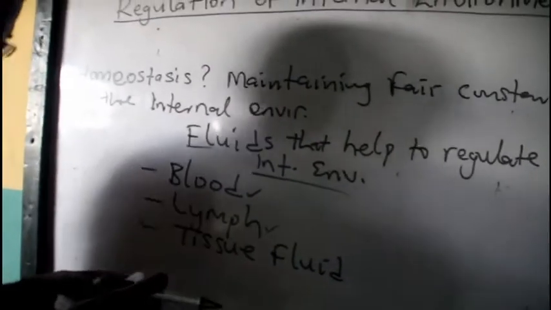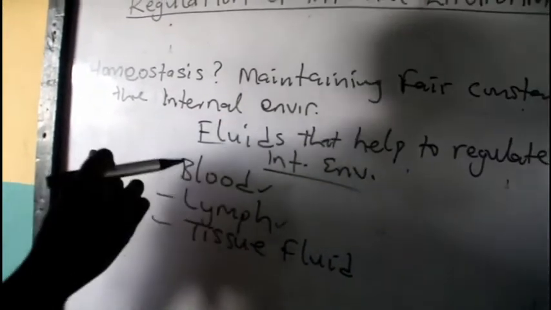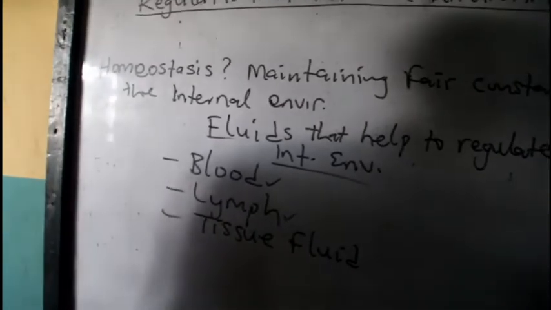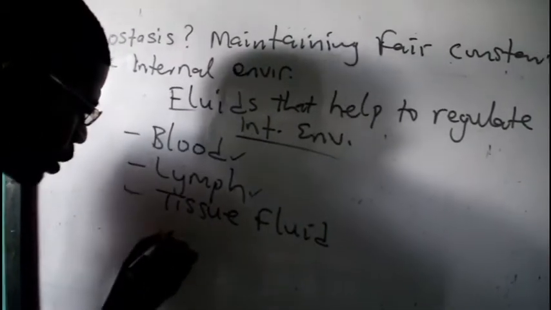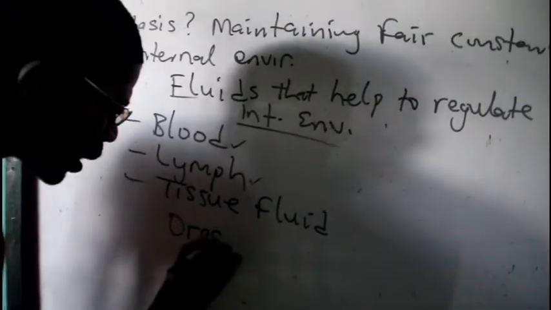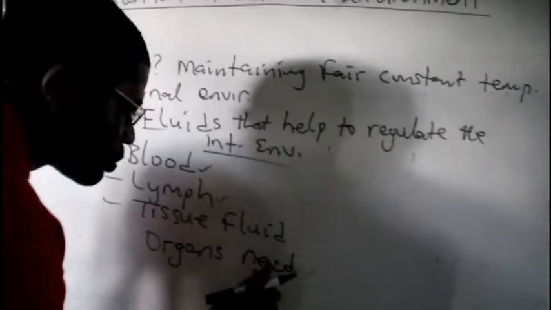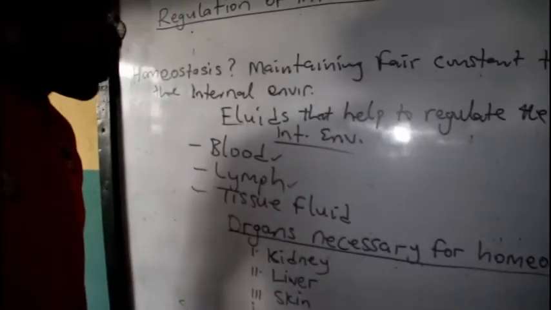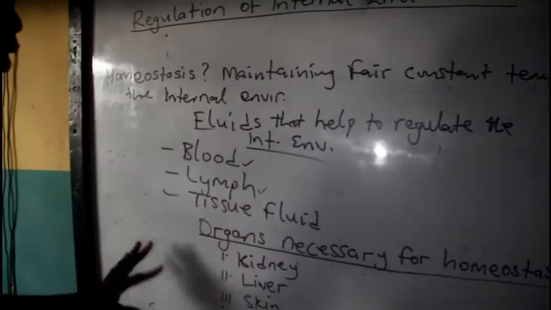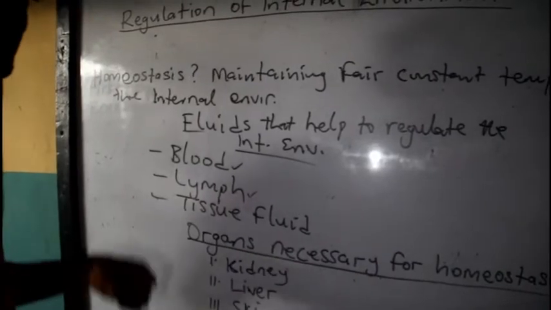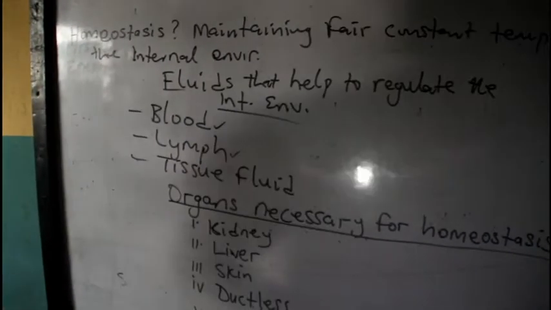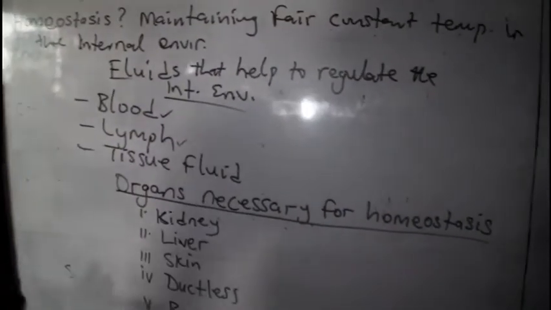Now, there are some organs that are needed for homeostasis to be effective. Organs necessary for homeostasis. These are organs that help to regulate the internal environment and keep it at a constant temperature.